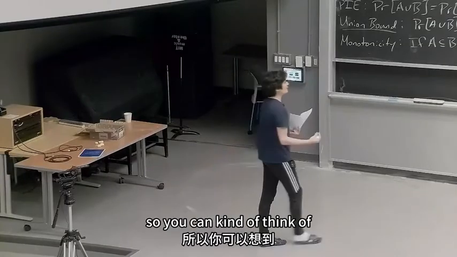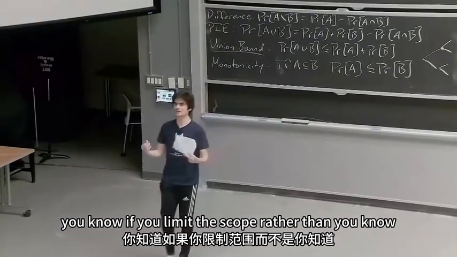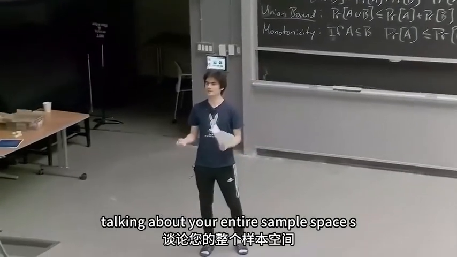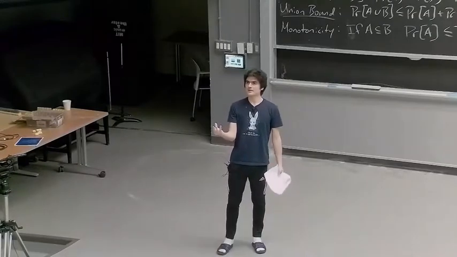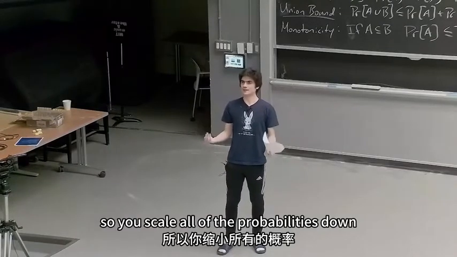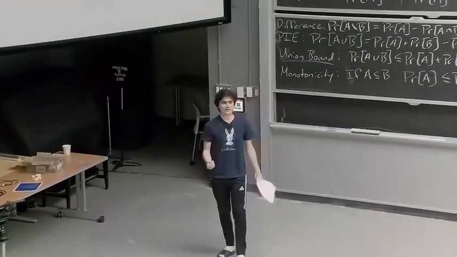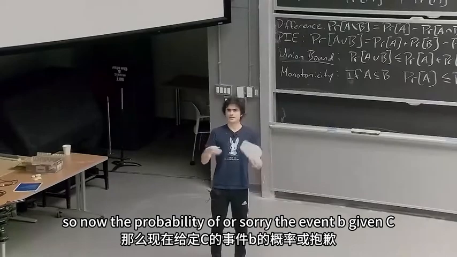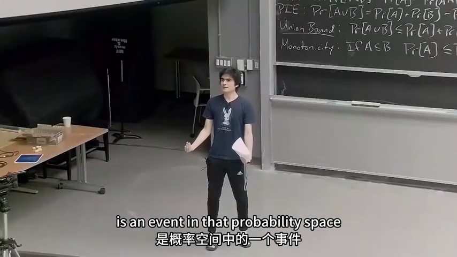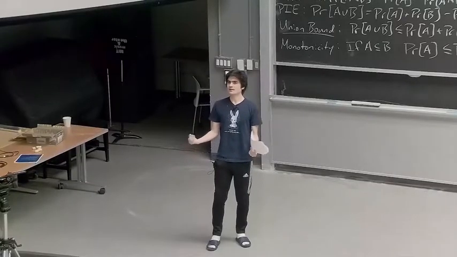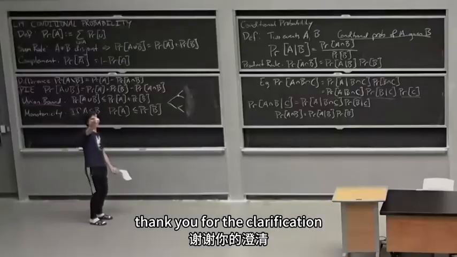If you limit the scope, rather than talking about your entire sample space S, to just C, so you scale all of the probabilities down by the probability of C, you end up with a different probability space. So the event B given C is an event in that probability space. Does that make sense? Thank you for the clarification.